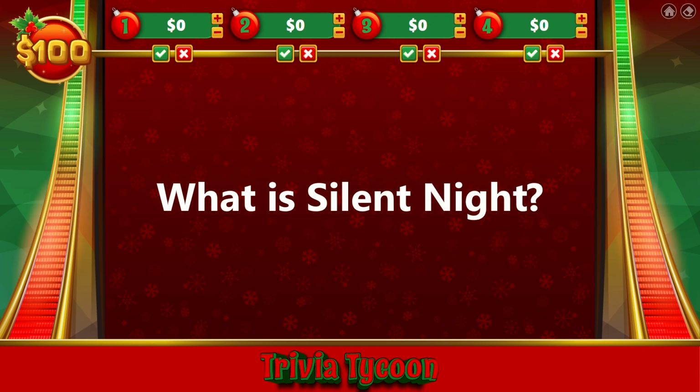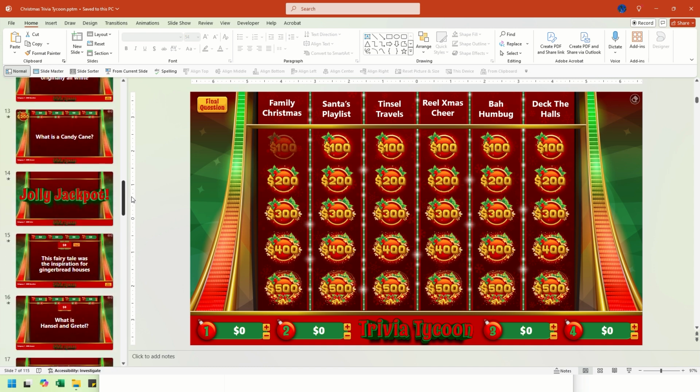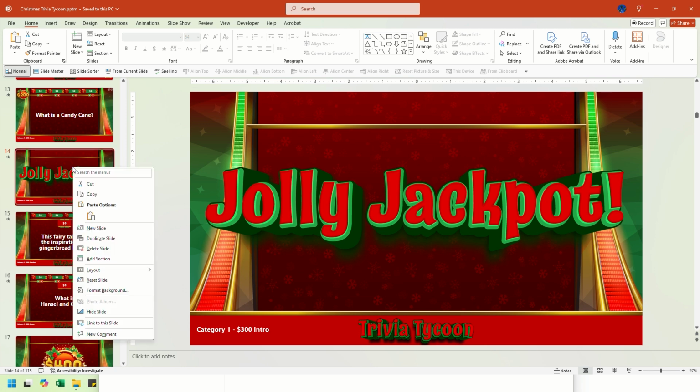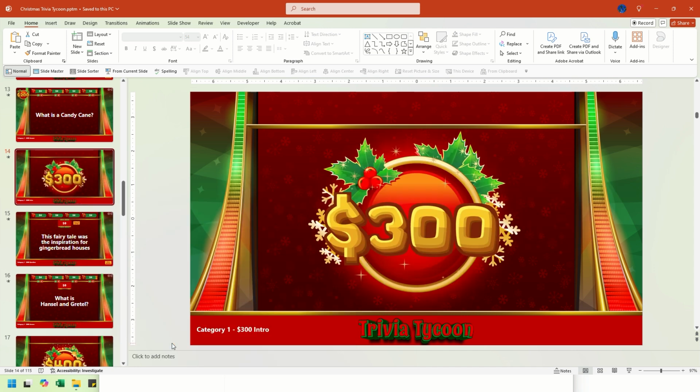If you want to move where the Jolly Jackpot is hidden, go to the existing Jolly Jackpot and right-click on the slide in the slide viewer. Click on Layout and then choose Intro 100, 200, 300, 400, or 500, depending on where the Jolly Jackpot was hidden. In this case, it's a $300 value, so we'll change it to Intro 300.